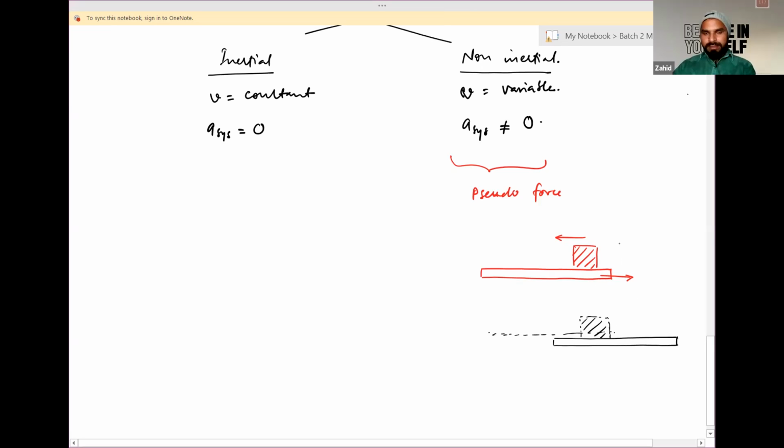So you'll say, when a system accelerates with some acceleration, there will be a concept of pseudo force, which is due to inertia in that particular block. So a force will develop or tends to behave in this block, which will be in the opposite sense of motion of the system.